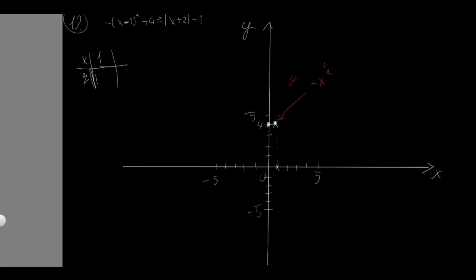Well, we just insert 1 in place of x, so it's going to be minus 1 squared. So 1 squared is 1, times negative, that's negative 1. 2 is going to be negative 4, a little bit of negative numbers, minus 2. So we put minus 2 here, or negative 2 squared, that's 4 times negative, that's again negative.